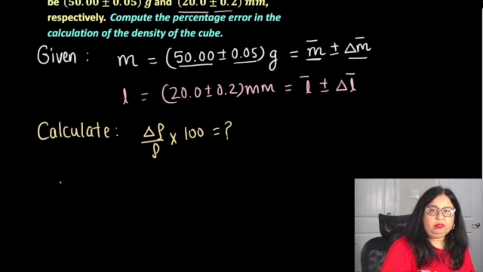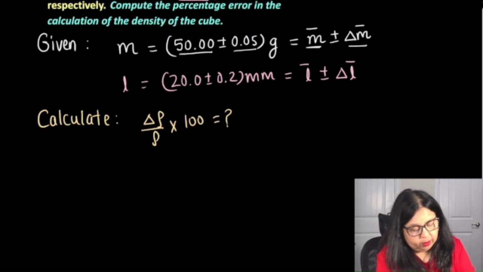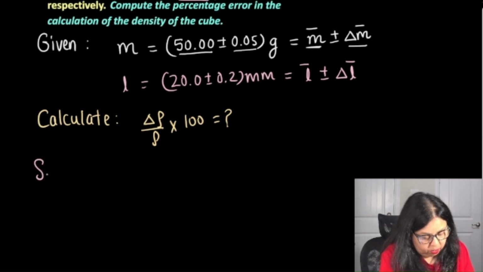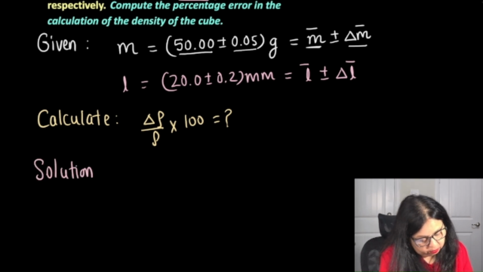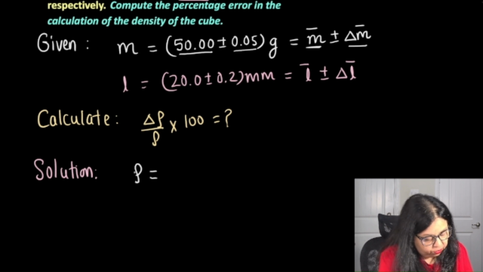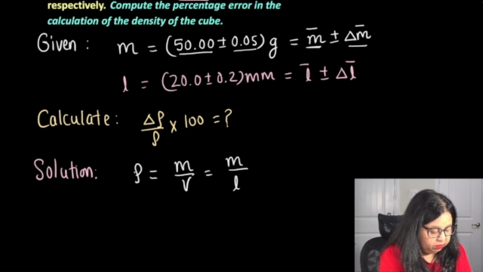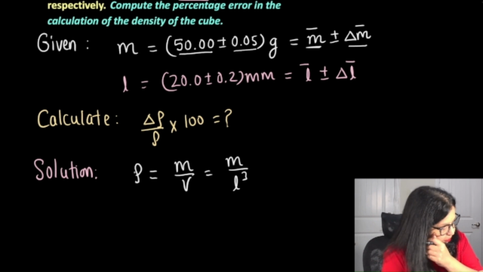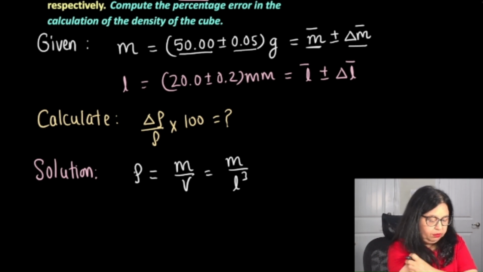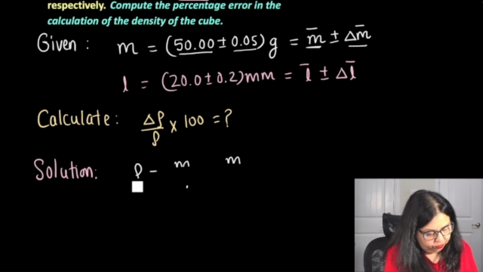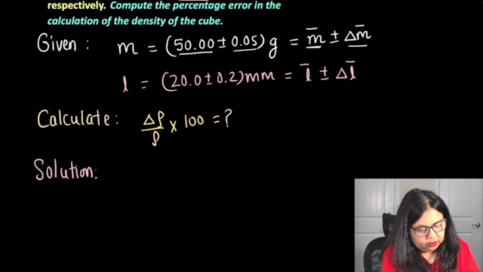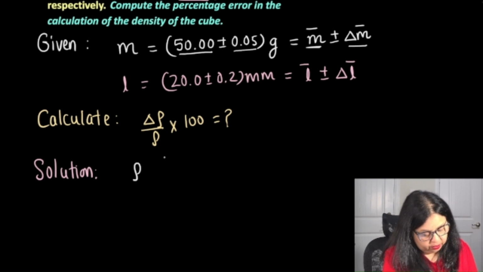Alright. Now let's see. Solution. The density of the cube is mass per unit volume.